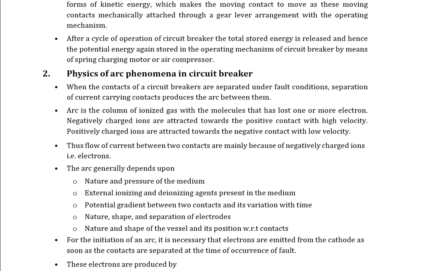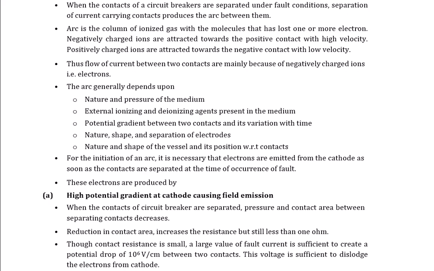Okay, so for the initiation of an arc, it is necessary that electrons are emitted from the cathode as soon as the contacts are separated at the time of occurrence of fault. Okay, so these electrons are produced by the interaction, or we can say when the contact is separated, in that particular condition our medium is ionized already due to the flow of electrons.